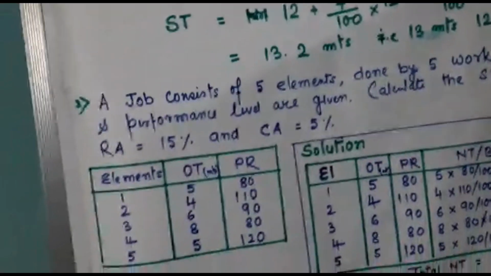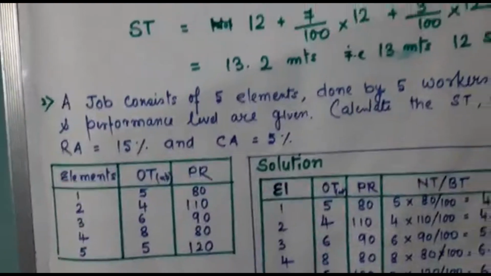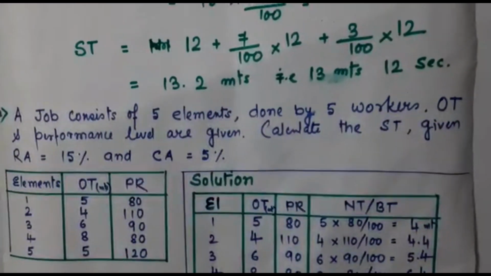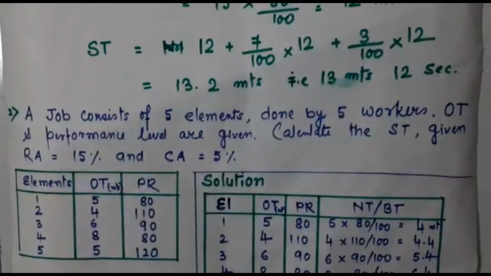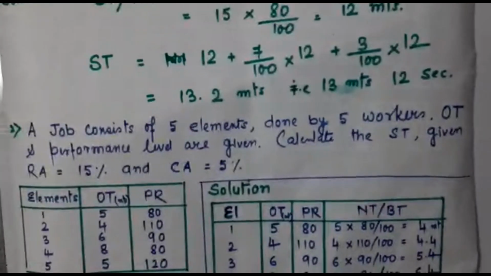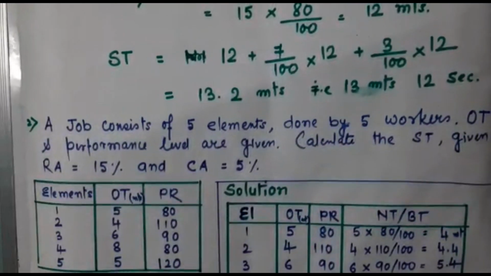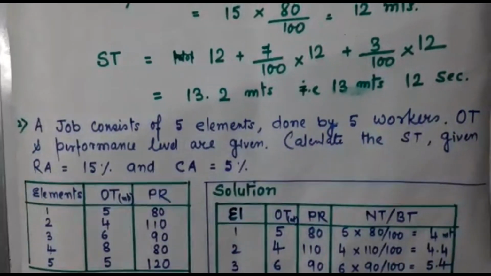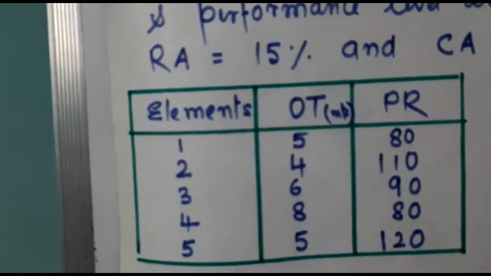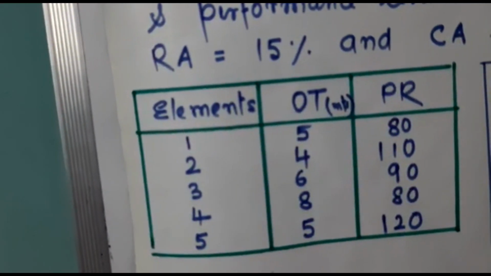We'll see another sum. Here it is given like this: a job consists of 5 elements done by 5 workers. OT, that is observed time, and performance levels are given. Calculate the standard time, given the relaxation allowance is 15% and contingency allowance is 5%. So it is given in the problem that there are 5 elements in the job.